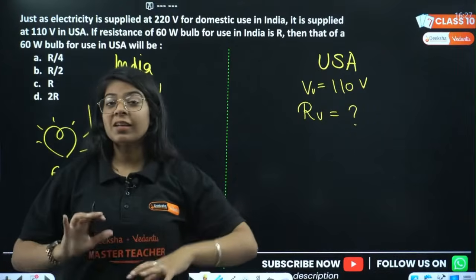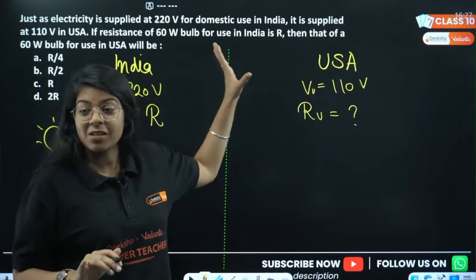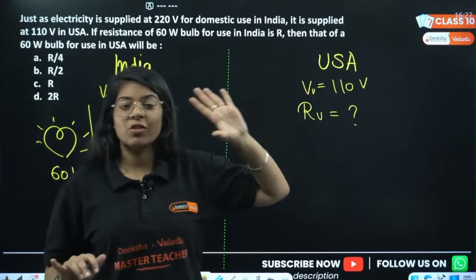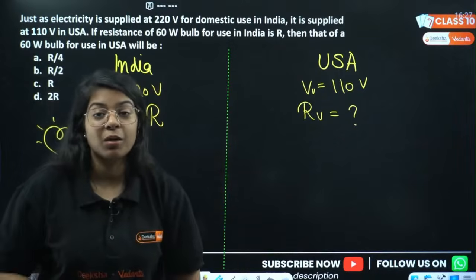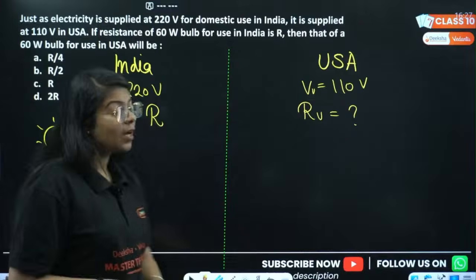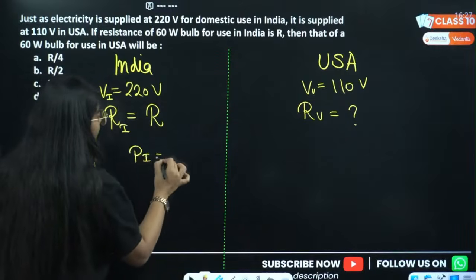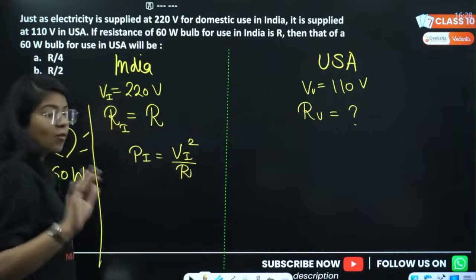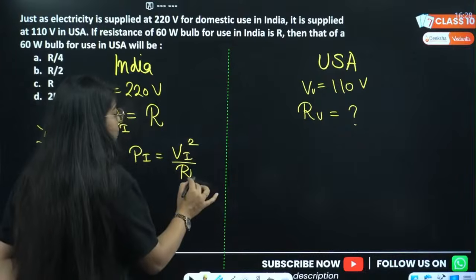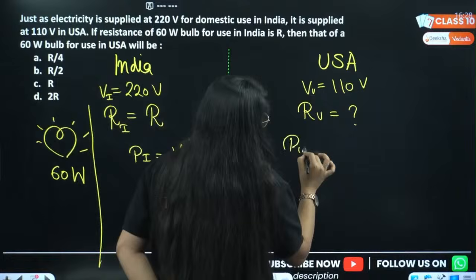Now, one thing that you need to remember here is, what is same? Oh, we have so many answers. People are solving the questions. The main thing is power is the same in both cases. Understood? Power is the same in both cases. The power in India is what? V_I square divided by R. This is the formula that connects voltage, power and resistance, and the formula remains the same in USA as well.